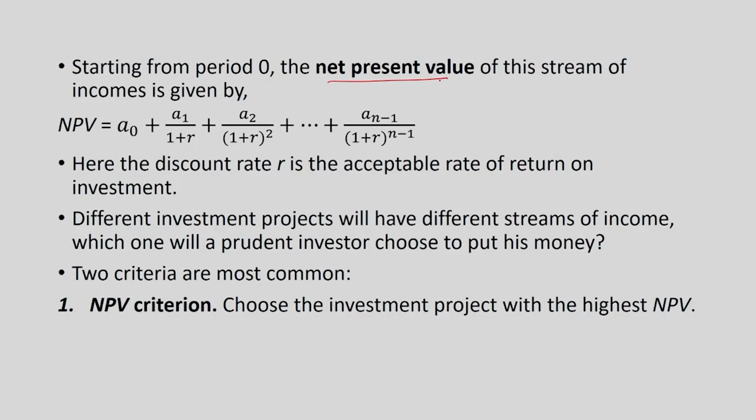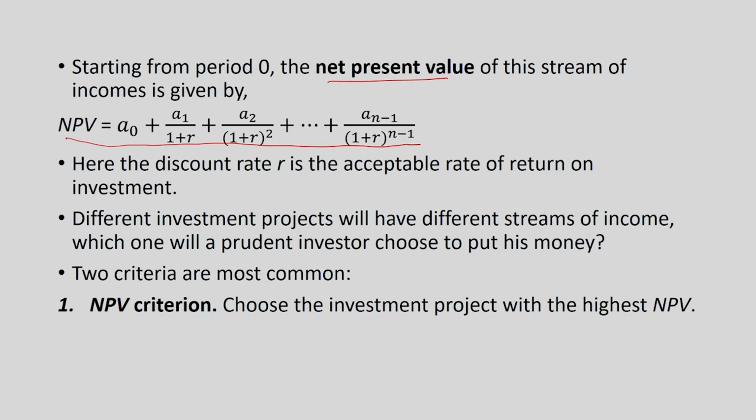Now, starting from period 0, the net present value of this stream of income is given by NPV, this expression, and this is similar to what we have seen before, present discounted value.